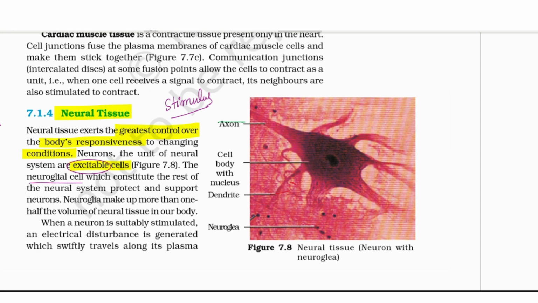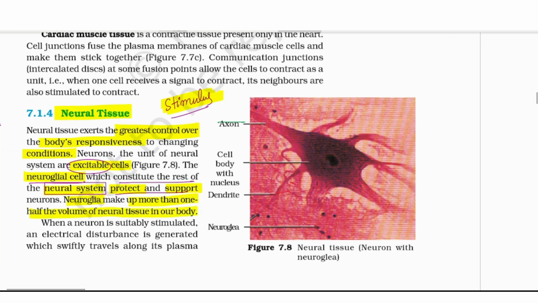The neuroglia cells constitute the rest of the neural system to protect and support. I told you already that neuroglia cells give protection and support to the neural cells, whose function is stimulus responsiveness. And the neuroglia make up more than one half of the volume of the neural tissue.